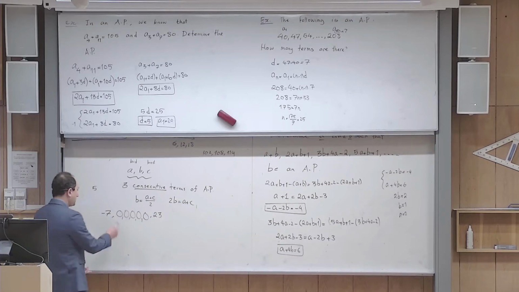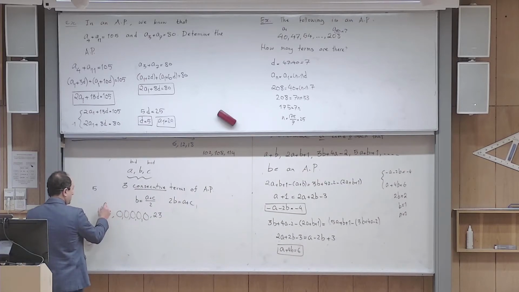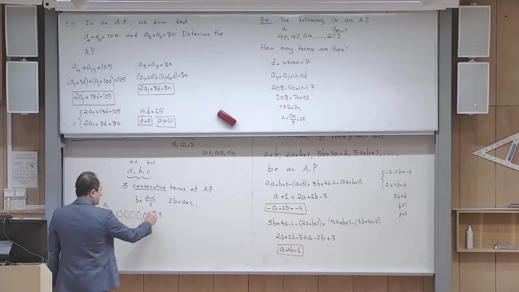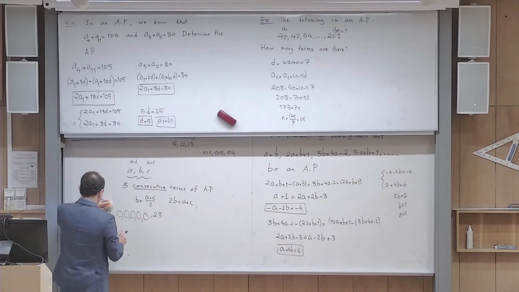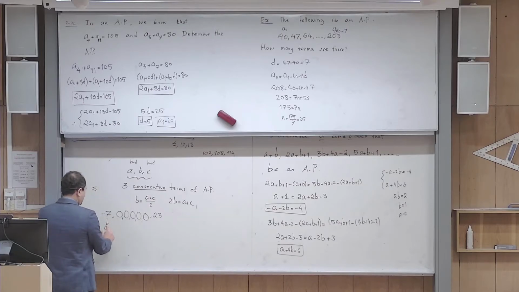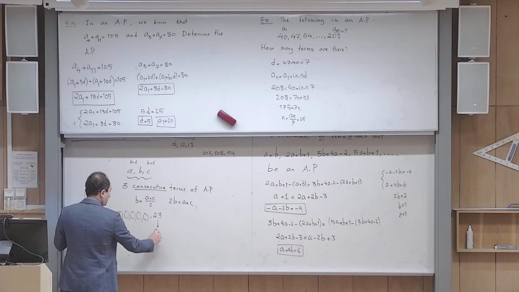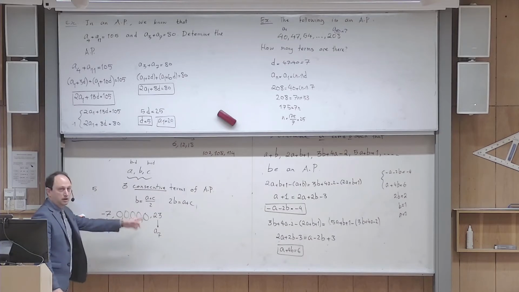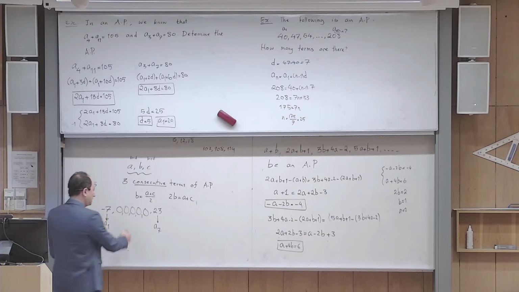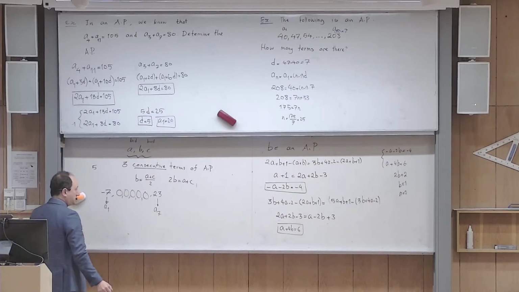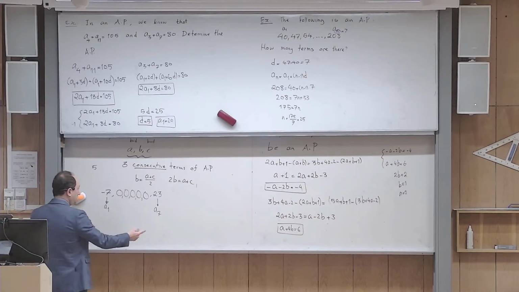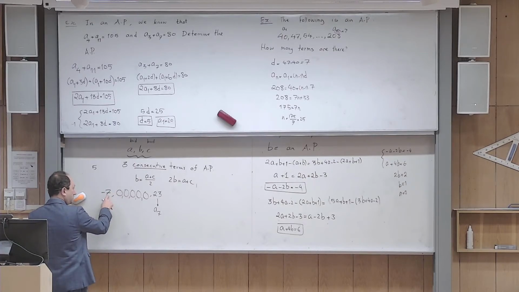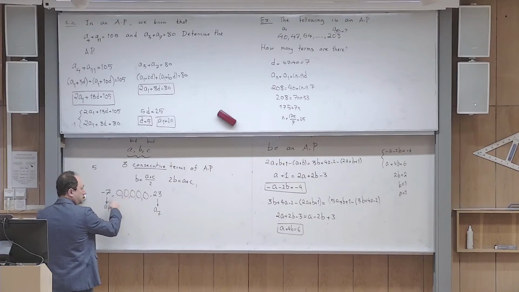So this is an arithmetic progression where this is A1 and this one is A7. So I have given you A1 and A7, and you want to find D, because D is enough for you. If you know D, you can add D to this one, you get that one. And then when you have this one, you add D to this, you get the next one, etc.